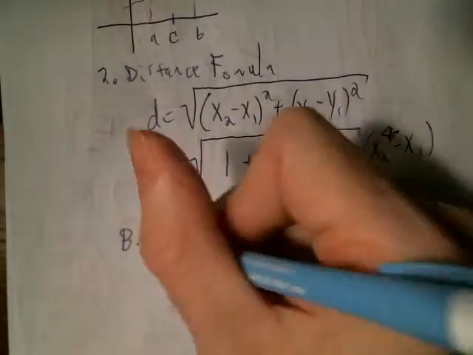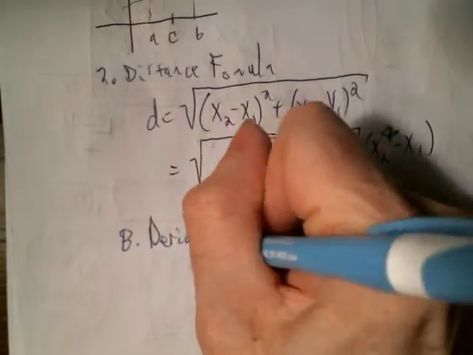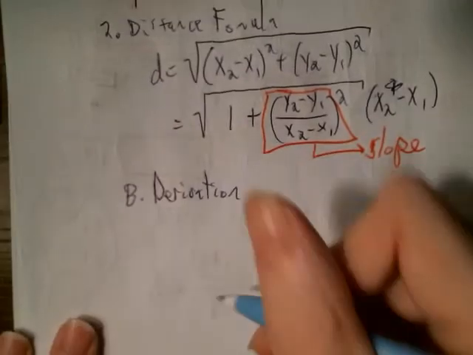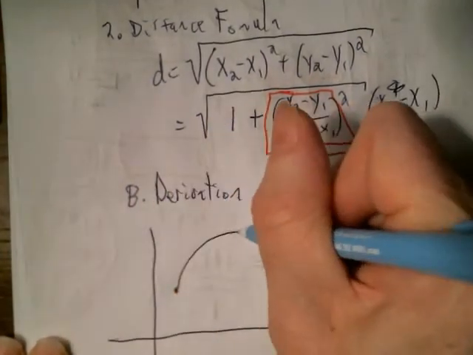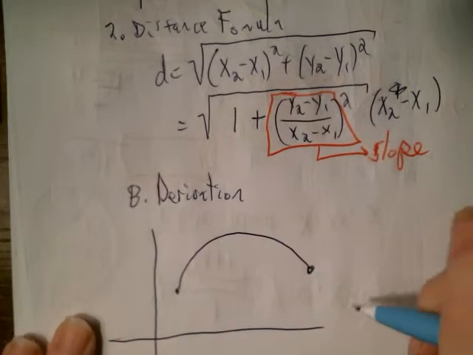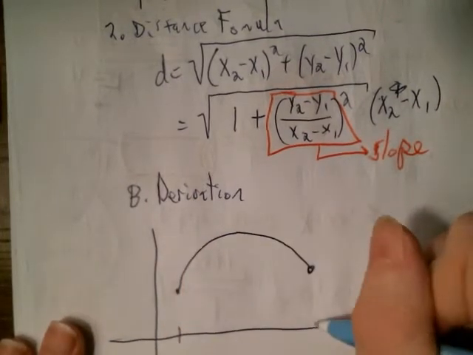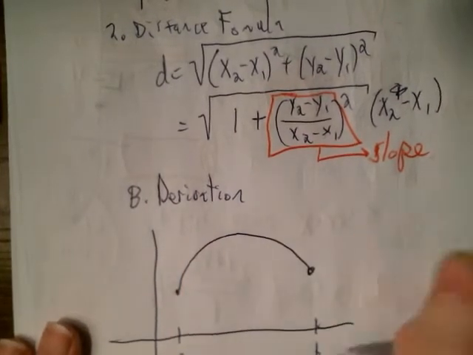So part B here is kind of our derivation. Let's see what we're working with. So I have some sort of curve in the plane. I'm worried about figuring out the length of this curve from a to b.